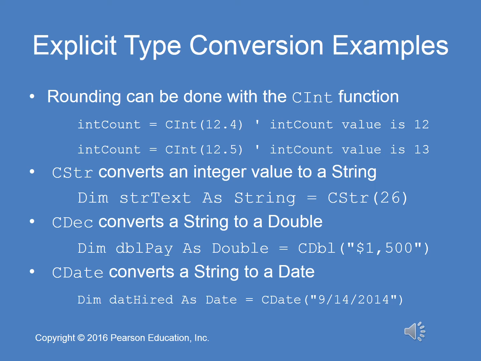CDec converts a string to a decimal. CDate converts a string to a date. Now, obviously, it has to be in the appropriate format to be a date. If it were something like 9a/14d/abcd, you'd get an error because that conversion would not be successful.